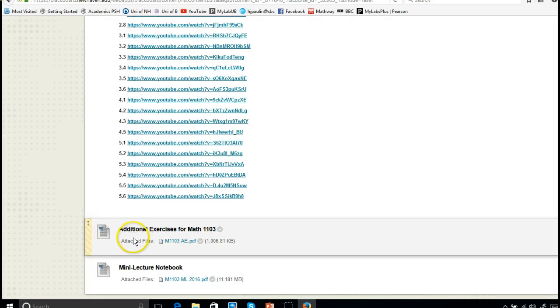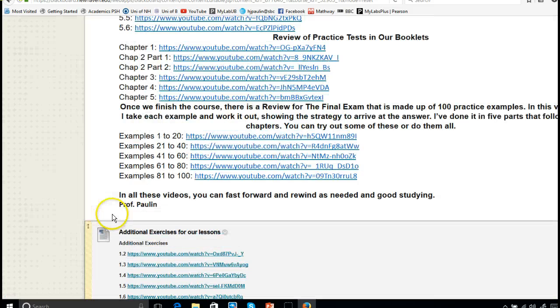And if you'd like to print out any of these, down at the bottom of course content, there they are as PDF files. You can just take one of them. And also this is the place where the mini lecture booklet is as a PDF file, and you could print that out if you have lost or misplaced yours.